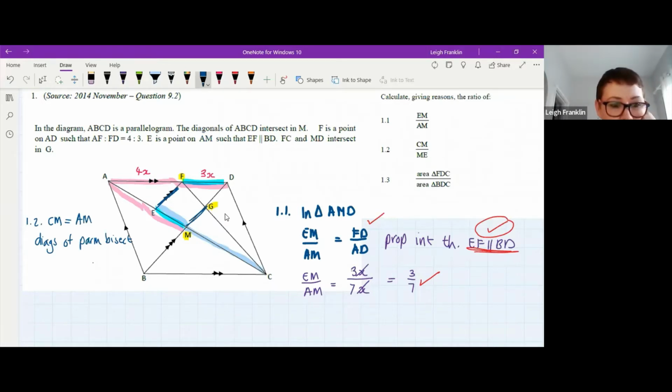So now CM over ME has to be the same as AM over ME. All right, so that has to be in this case 7 over 3. Does that make sense, Matrix? Yes. No, ma'am.